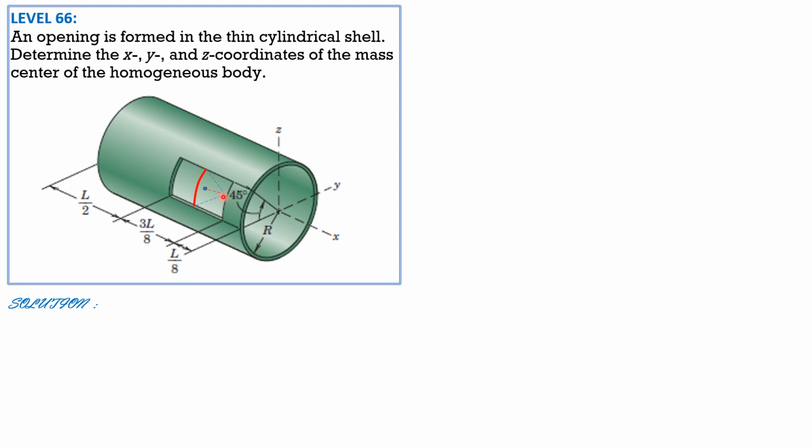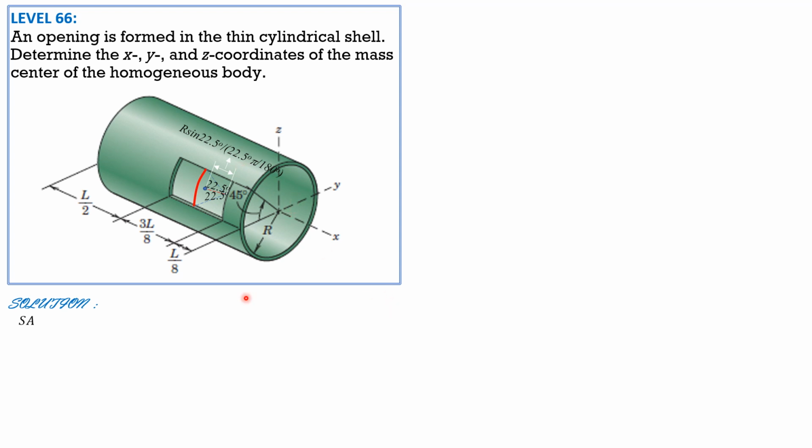So that's the location of the centroid, 22.5 degrees from the center to the centroid of this arc. It is r sine 22.5 degrees over 22.5 degrees converted to radians, so we multiply further by pi over 180. So that's r sine 22.5 degrees over 22.5 degrees times pi over 180.